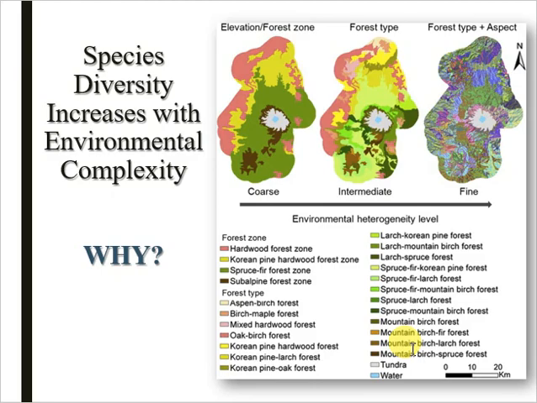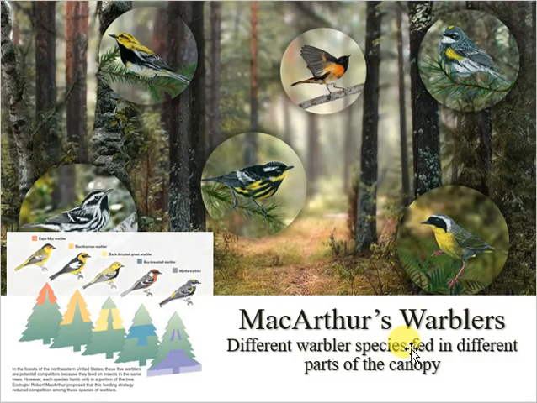Now, this was a concept that was first quantified by an ecologist named Robert MacArthur. He was the first one to actually quantify the relationship between species diversity and environmental heterogeneity, or complexity, when he studied the diversity of warblers throughout a variety of forests in northeastern United States, Florida, and Panama.